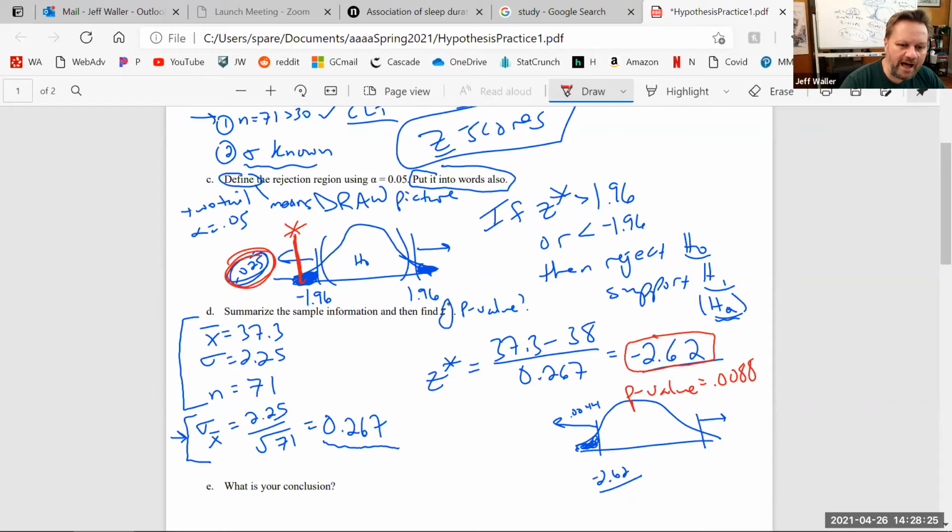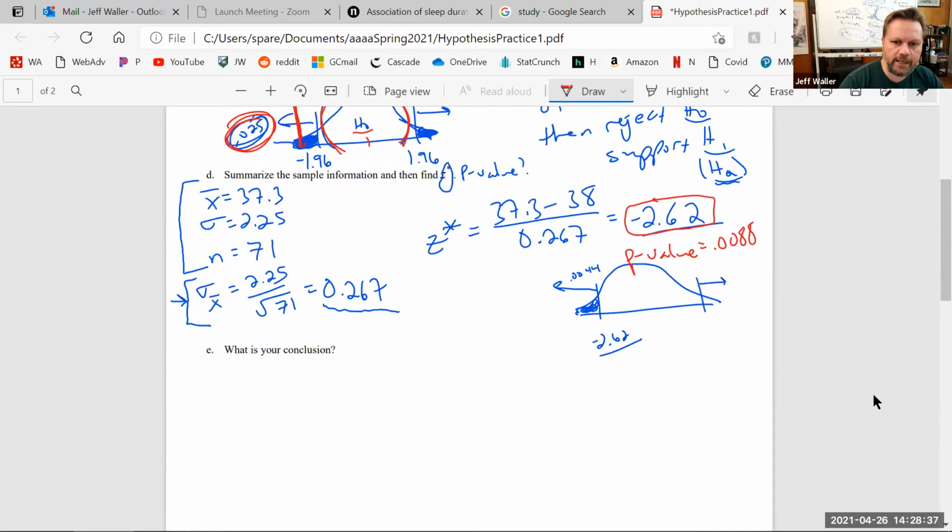That is obviously evidence against the one who thinks it's supposed to be here. So that means we have succeeded. That means I can reject the null and support the Ha.